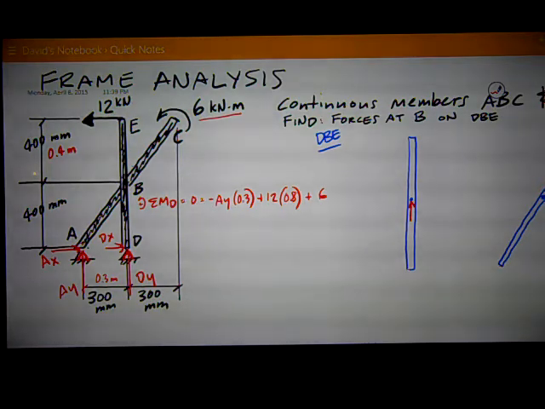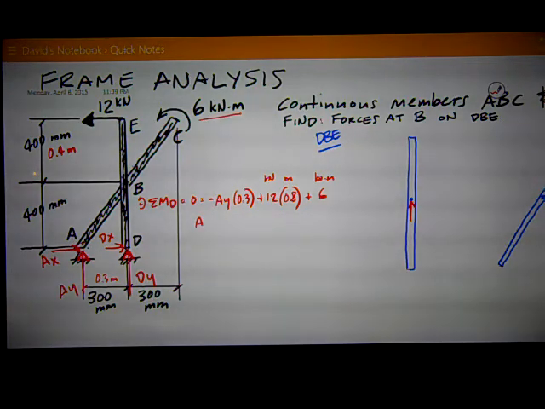My units are things like kilonewtons and meters, and this moment is in kilonewton meters. It tries to rotate the whole frame, no matter where it's located, with a rotational force of 6 kilonewton meters, and that's what goes into my equation there. Now I do the math and rearrange.